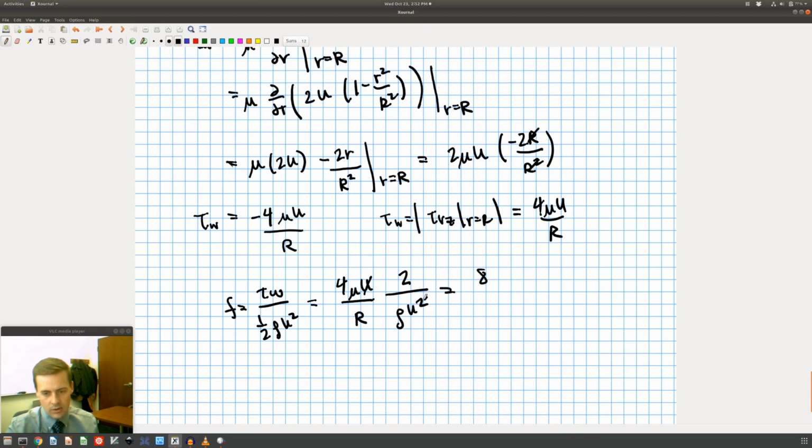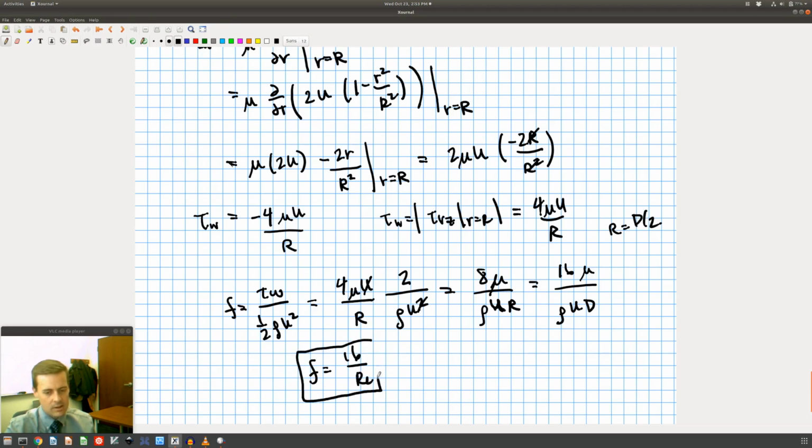A U cancels here, and so I get mu over rho U R. I want to write that in terms of D. So that's going to be 16 mu over rho U D, because R equals D over 2. Look at that, rho U D over mu is the Reynolds number. So the friction factor is 16 over the Reynolds number.